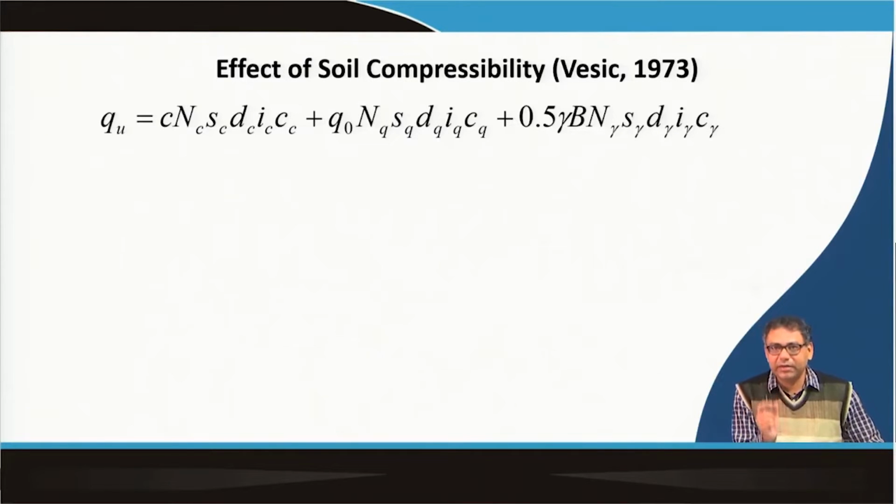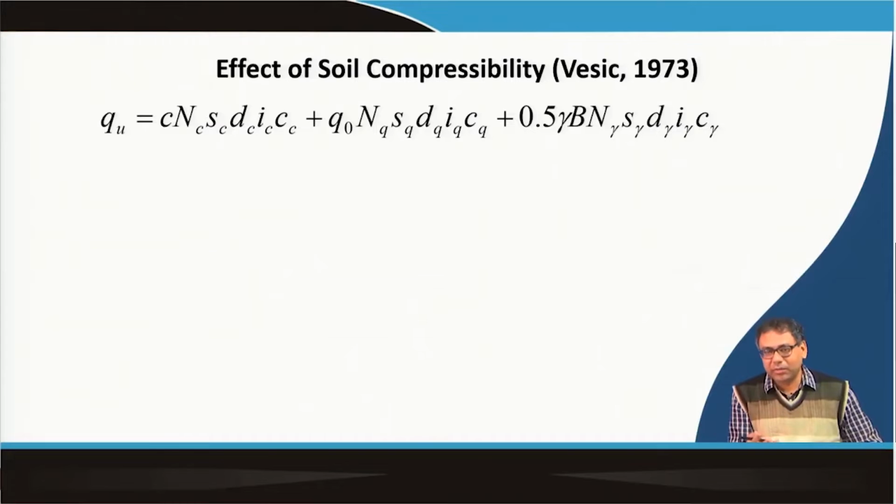Generally we have three factors, that is the shape factor, depth factor and inclination factor. Another factor is introduced, which is the compressibility factor, Cc. And later on I will introduce two more factors: one is the tilt base factor, another is the sloping ground factor. So basically it is not three factors, in total we can incorporate six factors in a bearing capacity equation.